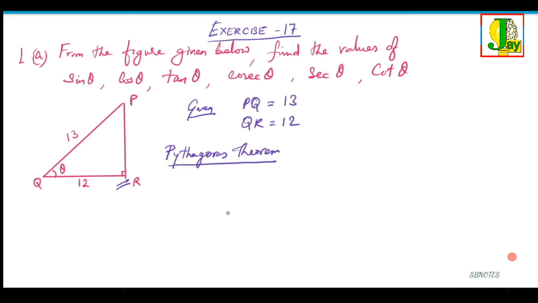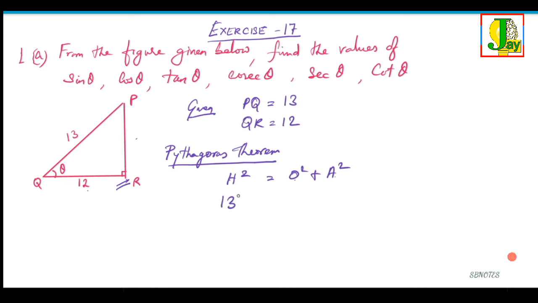Using Pythagoras theorem, this is the hypotenuse. We know that hypotenuse square equals to opposite square plus adjacent square, or in other words, perpendicular square plus base square.